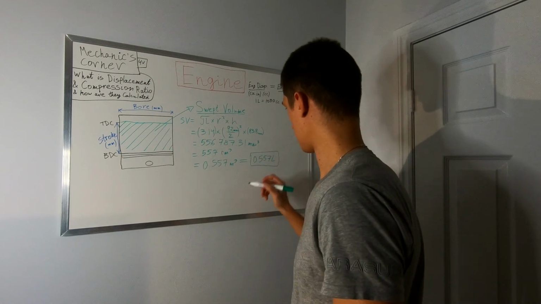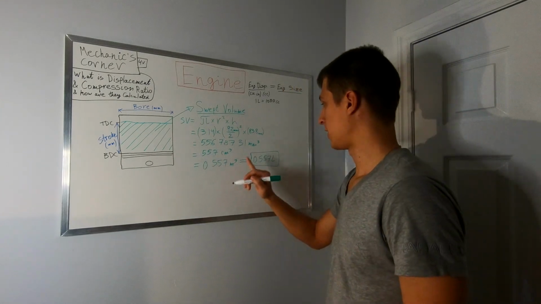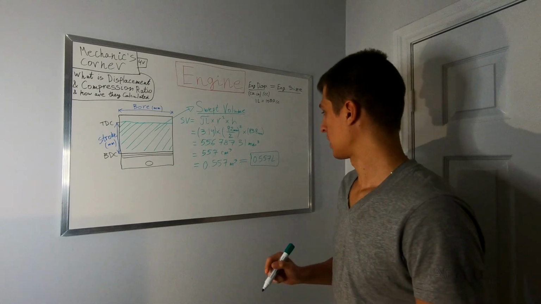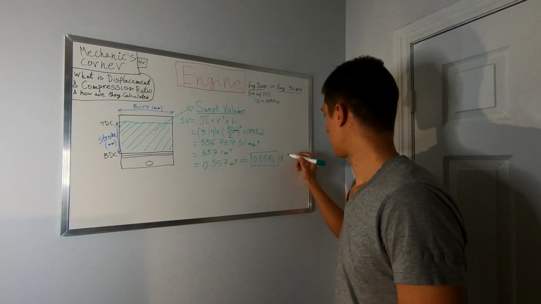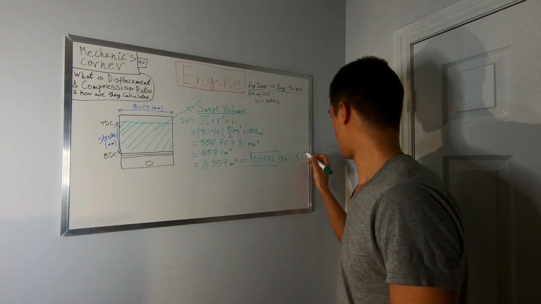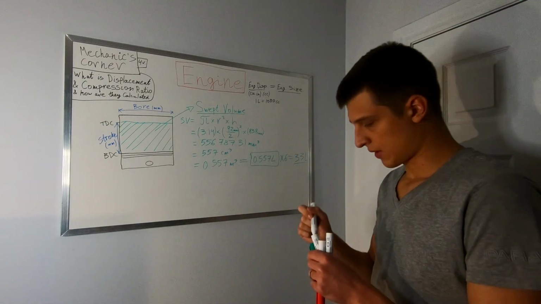And that's the displacement or the swept volume for one of the cylinders of the Genesis G70 3.3 liter engine. And because that's a V6 engine, we would multiply this by 6, which will give us the 3.3 liter, which is the displacement that that car has.